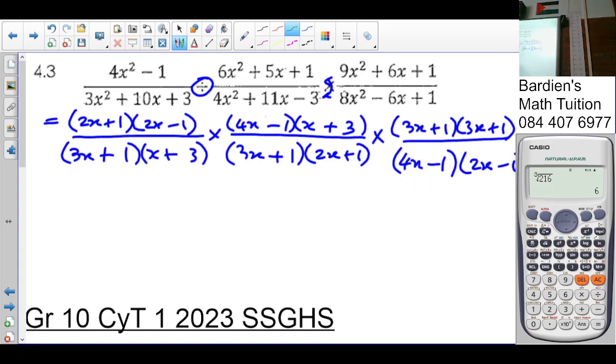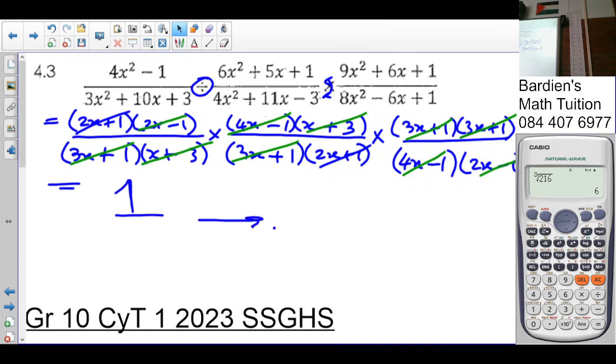So what's going to happen now is that 4x minus 1 cancels 4x minus 1, 2x minus 1 cancels 2x minus 1. 3x plus 1 cancels 3x plus 1. 3x plus 1 cancels 3x plus 1. x plus 3 cancels x plus 3. So that basically, x plus 2 cancels x plus 2. So that basically gives us an answer of 1.